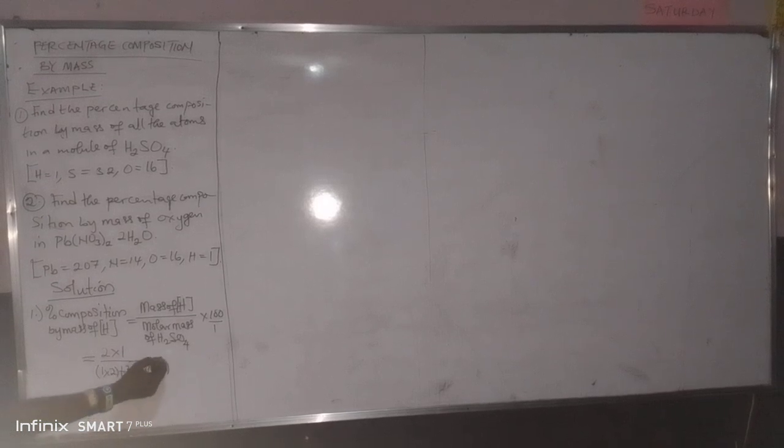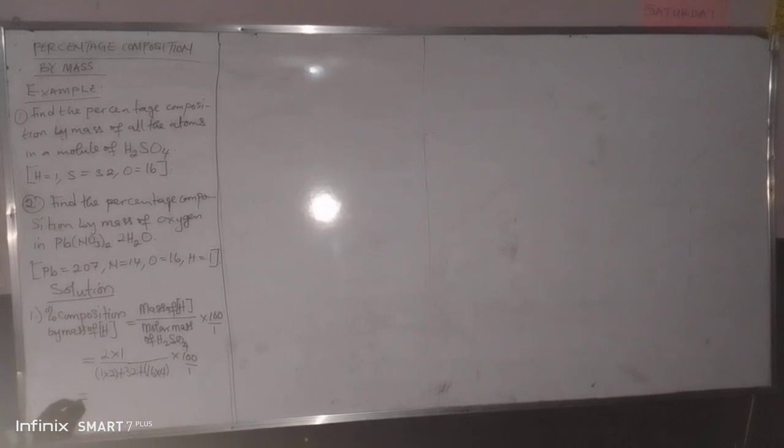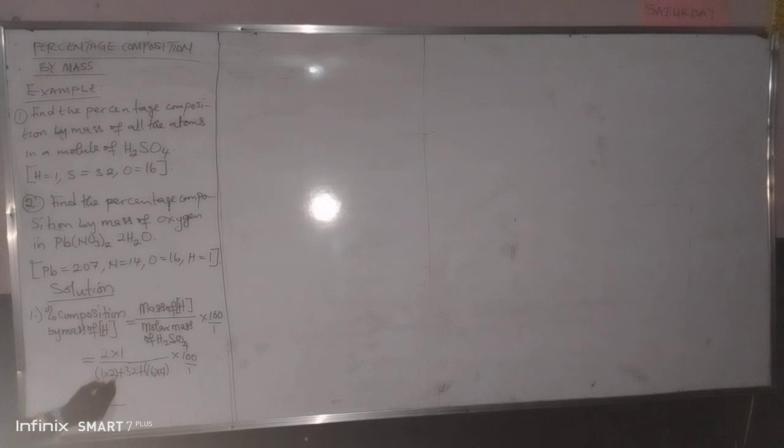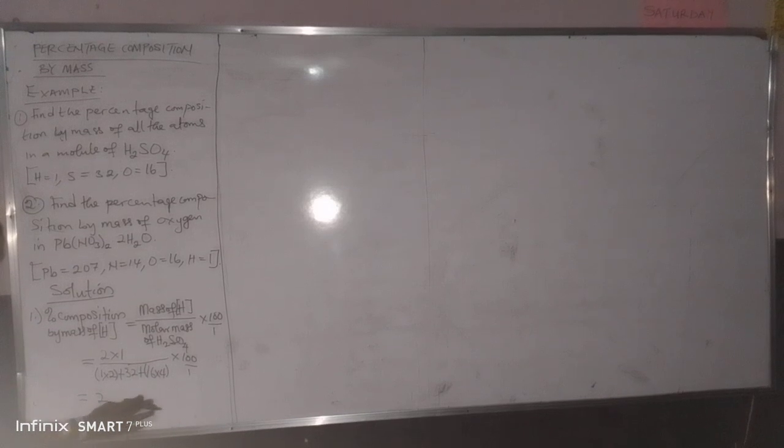It is times 4. Then everything times 100 over 1. So 2 times 1 is 2, over 1 times 2 is 2, plus 32, plus 16 times 4, that should be 64. Everything times 100 over 1.